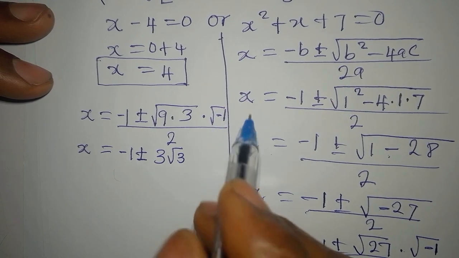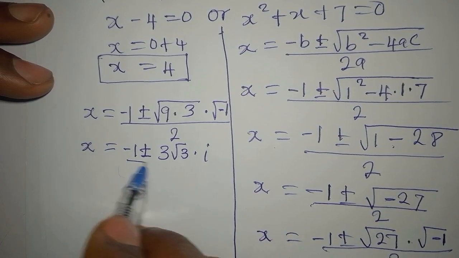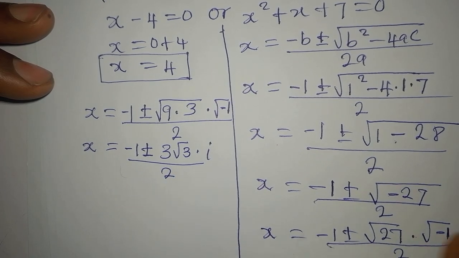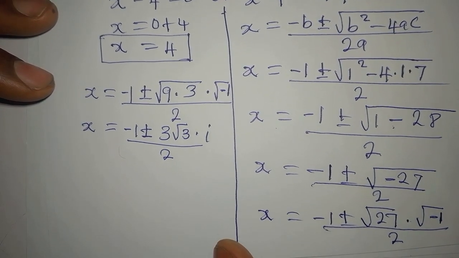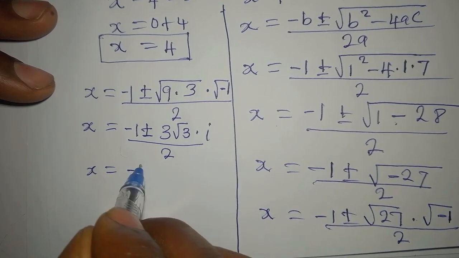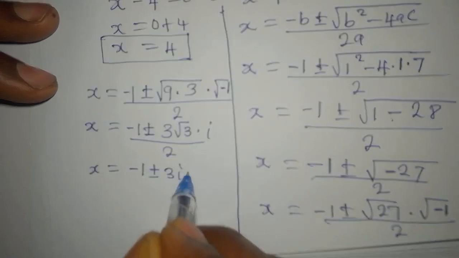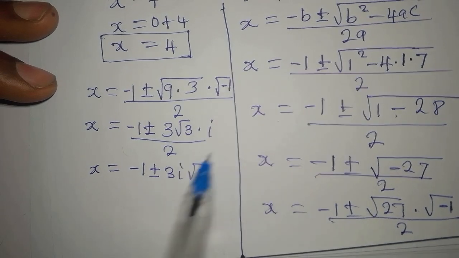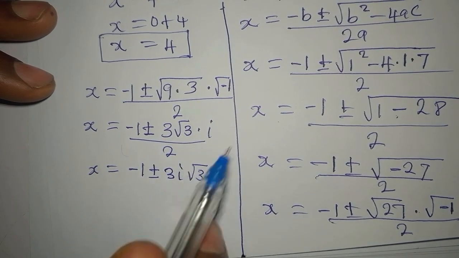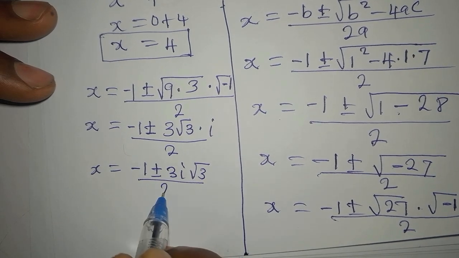Then this √(−1) is considered imaginary, so we write i for that. Then we divide this by 2. We can decide to rearrange, so we have x equal to −1 ± 3i√3. We multiply the 3 by the i, and we divide the whole of this by 2.